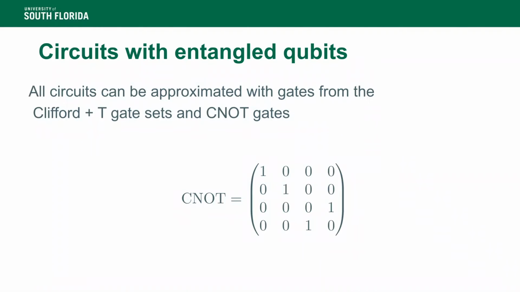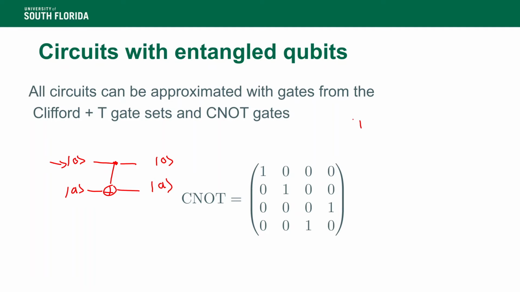Now, the CNOT is performing the following operation. First of all, the diagram for the CNOT is this. On the top is the control qubit, and on the bottom, the target qubit. And what happens is, if you have a 0 and a qubit given by A, where A is 0 or 1, then at the end you'll have 0 and A. So when the control qubit is 0, then nothing happens.